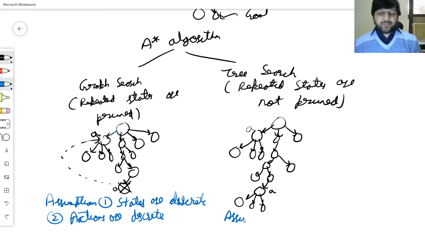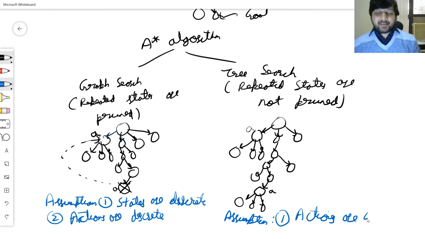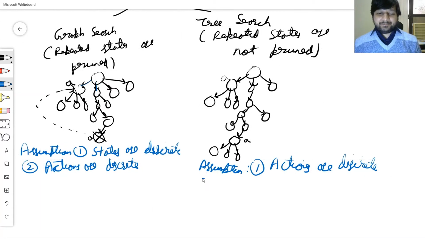So my assumption in a tree search is, number one, the actions are discrete. And take it very clearly that states may not be discrete.